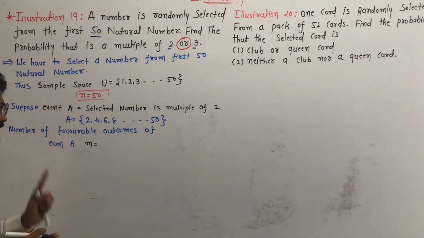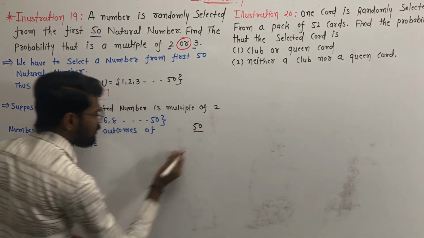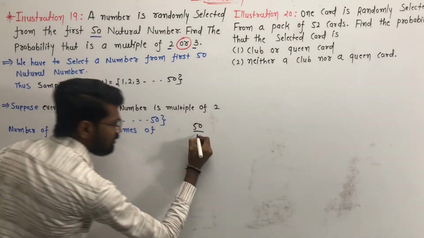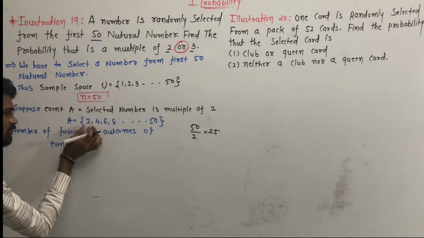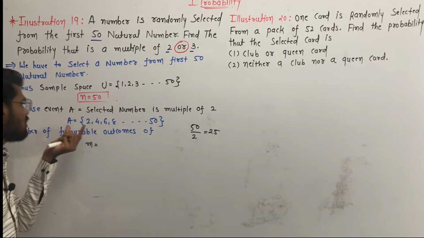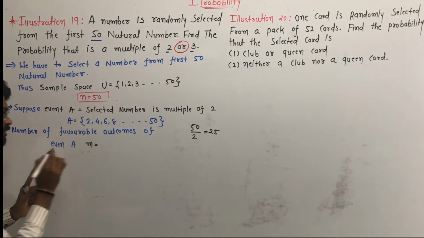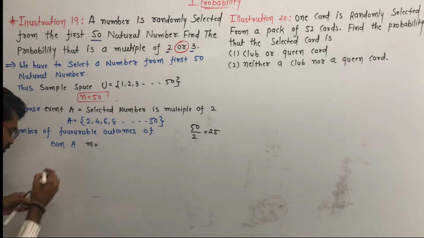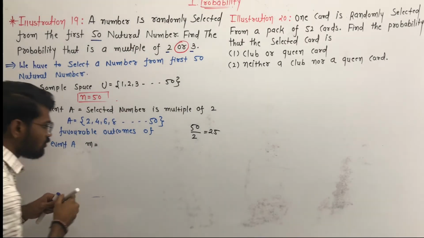We can calculate it: the total number is 50, divided by 2, so it will be 25. So the number of favorable outcomes of event A is equal to 25.